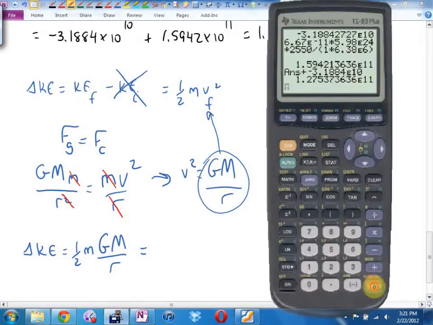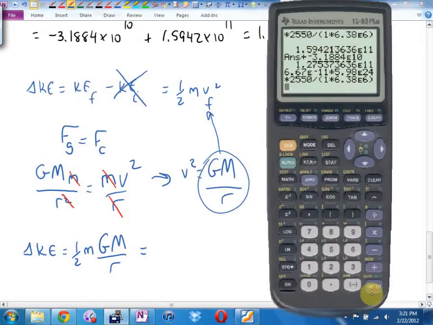If I go second function, enter, second function, enter, I got most of these numbers right there. Big G, do I have big G? M, do I have M? Little m, do I have little m? R, do I have R? A half, do I have a half? That's convenient. Yoink. 7.971 times 10 to the 10th.